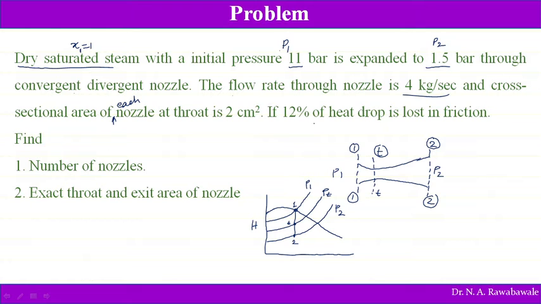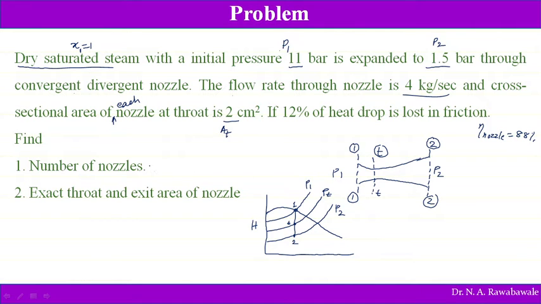This is the area at the throat for one nozzle, and 12% of heat drop is lost in friction, which means nozzle efficiency is indirectly given: 100 minus 12 is 88%. Heat loss due to friction is 12%, so nozzle efficiency is 88%.